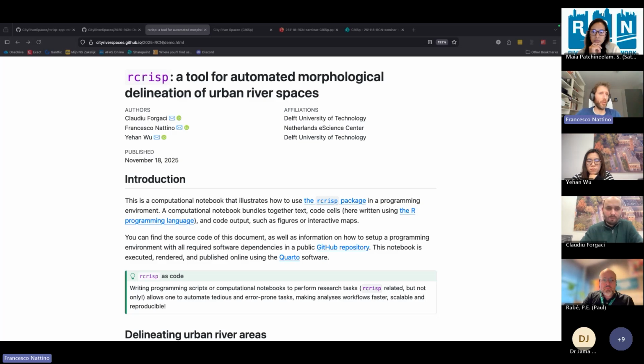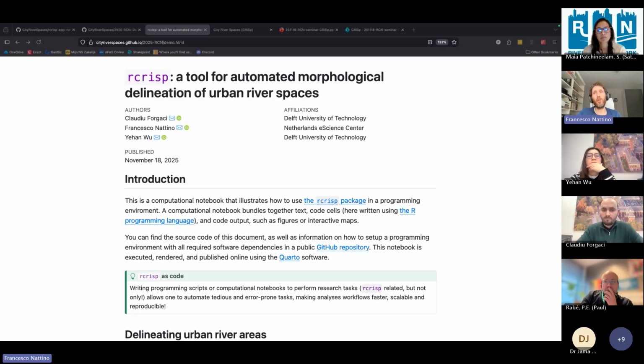These computational notebooks are often used in software engineering to build tutorials and demonstrations, but they're becoming more and more used in research as well, as a way to demonstrate the use of computational tools, but also for the reproducibility they enable thanks to this capacity of bundling together code and the output that the code generates.